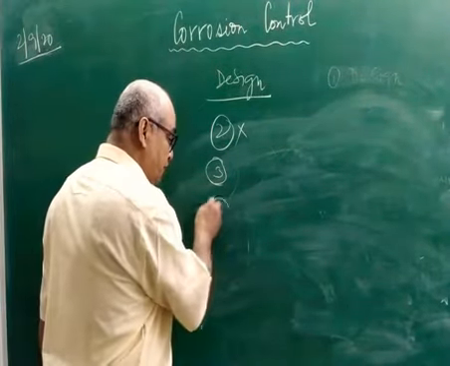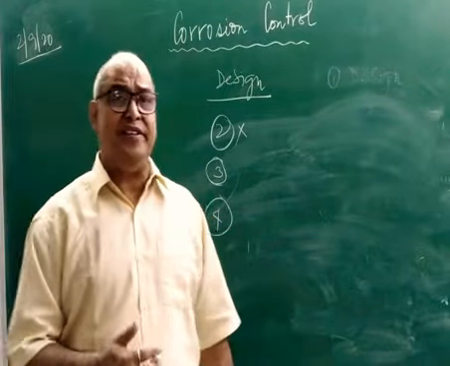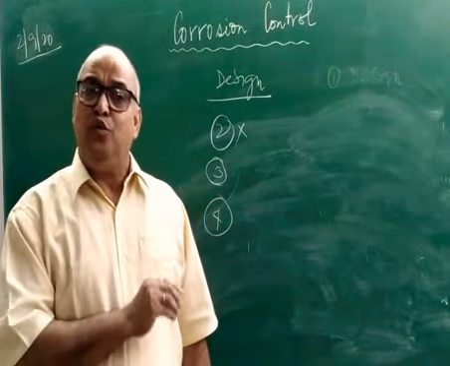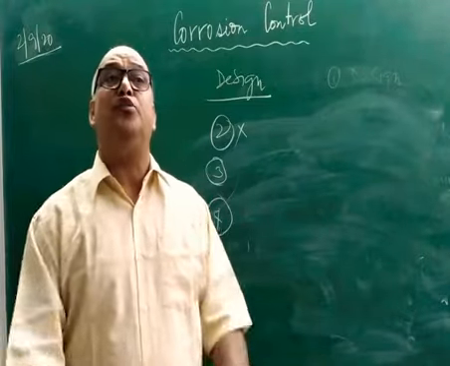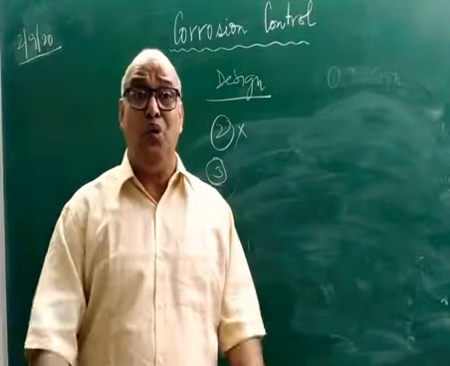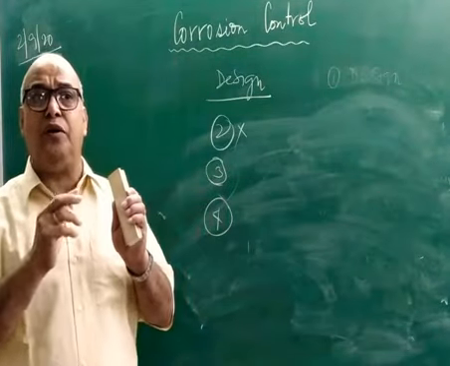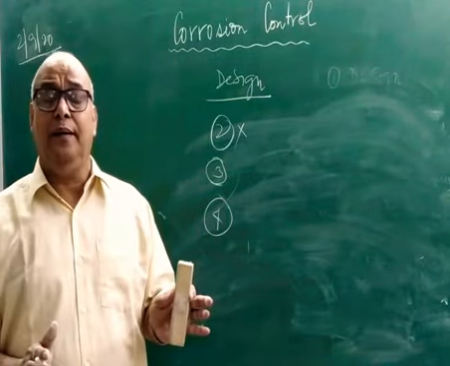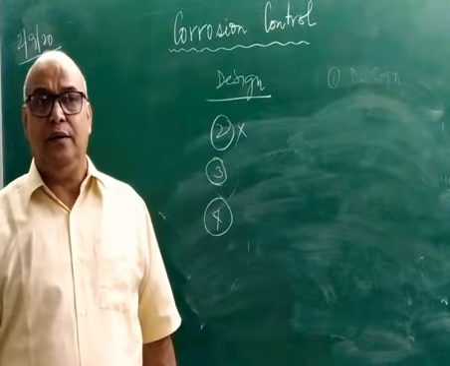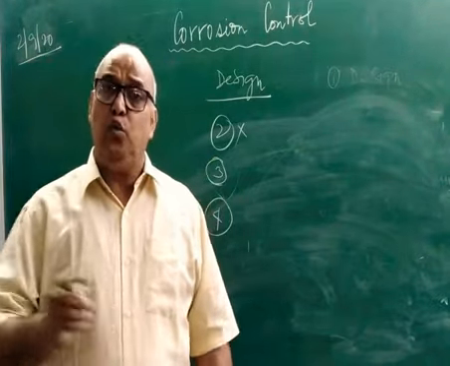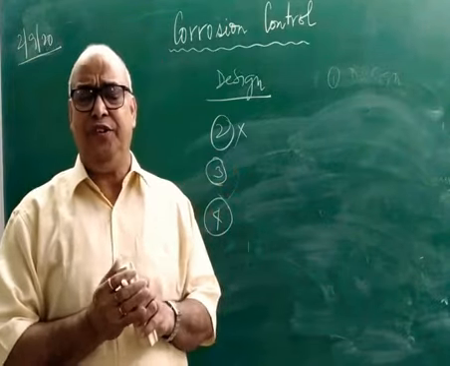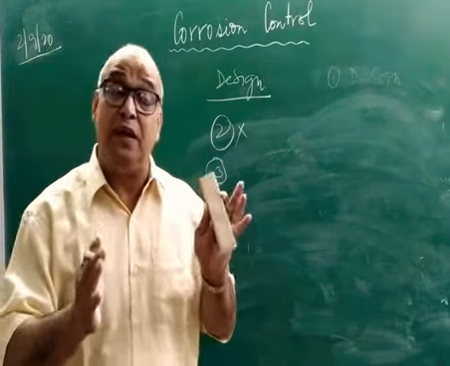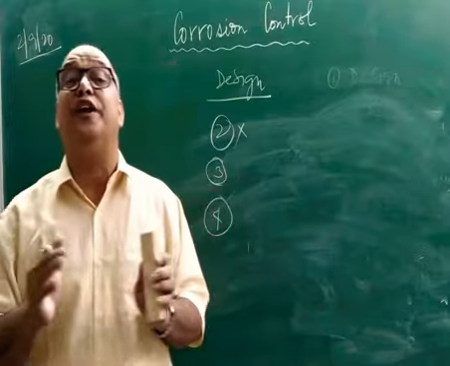Number 4, suppose a situation is like that, where 2 metals are to be used and they must be in contact. In that situation, what will we do? We will have to have a design where 2 dissimilar metals are used in such a way that there is a larger anodic area and a smaller cathodic area.